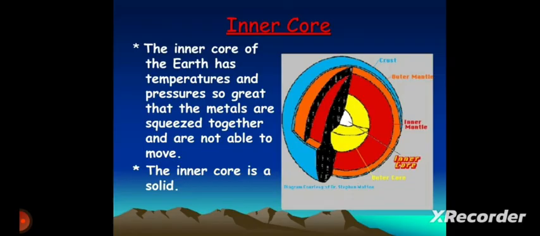Students, I already told you, every layer has a radius. Just like crust, how many kilometers? 5 to 100 kilometers thick. Just below the crust, which layer is there? Mantle.